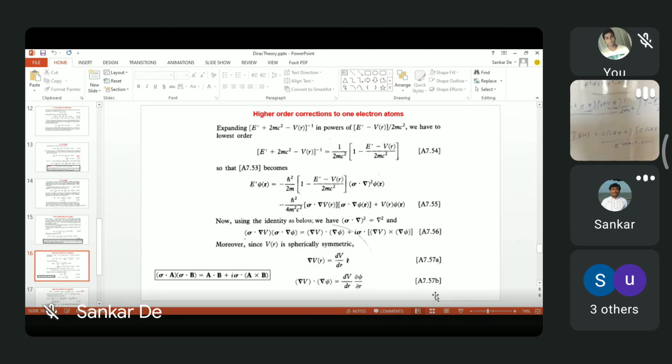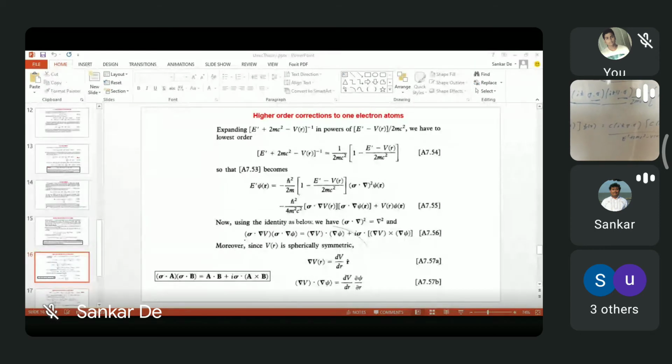As it is minus h cross square by 2m, it is not multiplied with c square. So I guess the second term is the multiplication with that 1 by 2mc square from A754, 1 minus E square.